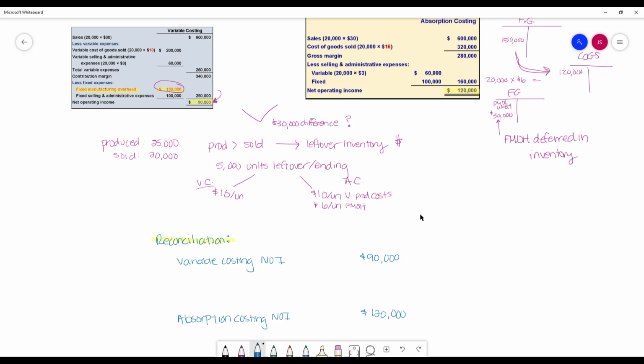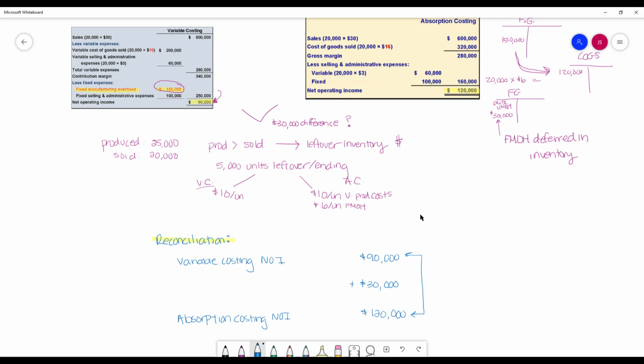because the amount sold is different from the amount produced for the period. We're seeing different net operating incomes between the two methods here. Now, how do we get from 90 to 120? Looks like we're going to have to add $30,000 here to get us to 120. Well, what are we going to label that $30,000 as?